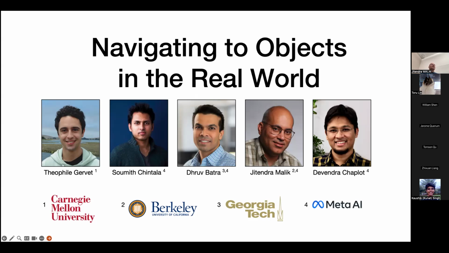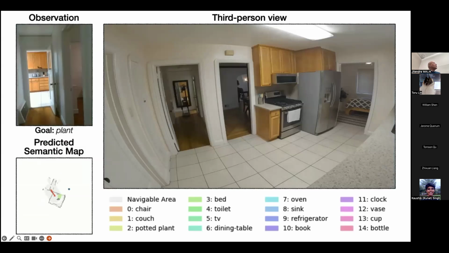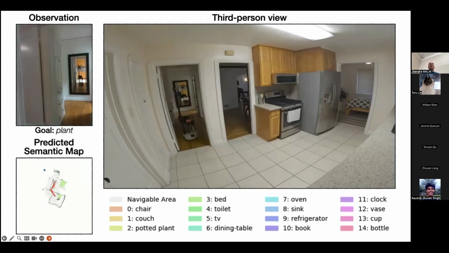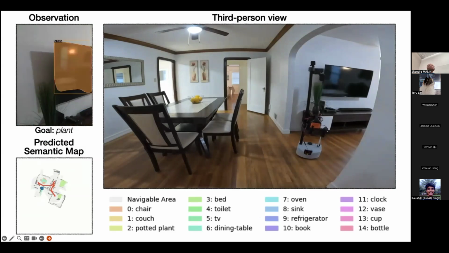There are different techniques we can use now for finding paths to a goal, where a goal could be a geometric goal, or a goal could be a semantic goal. This is an example of a semantic goal: go find a plant, right?